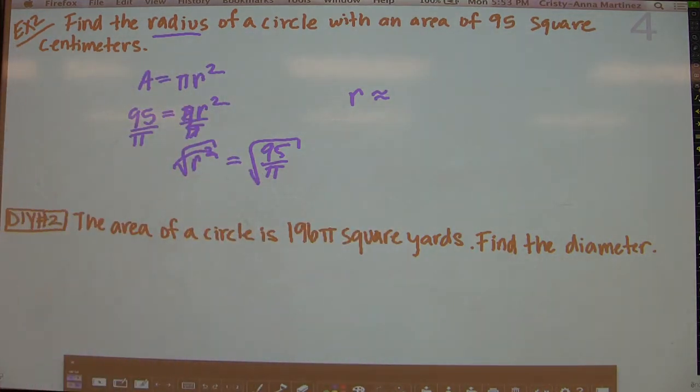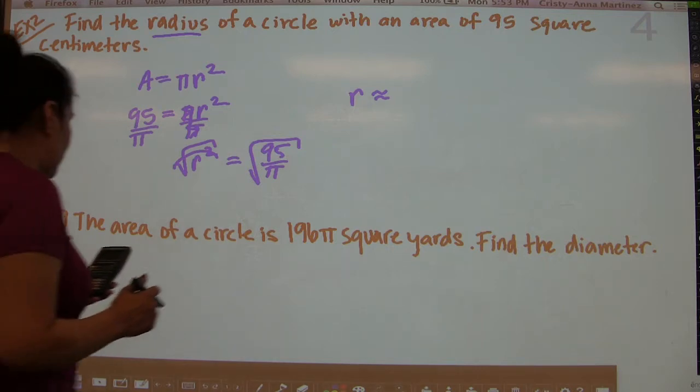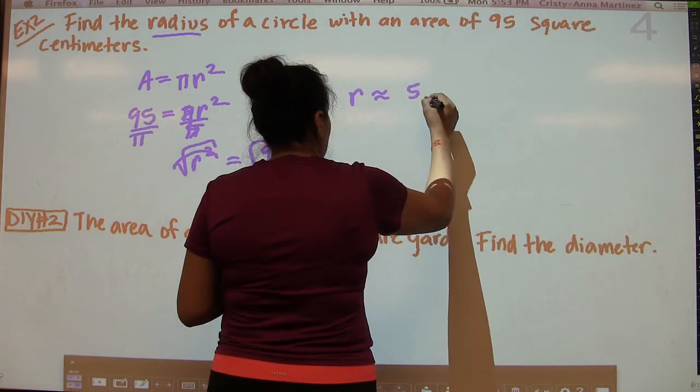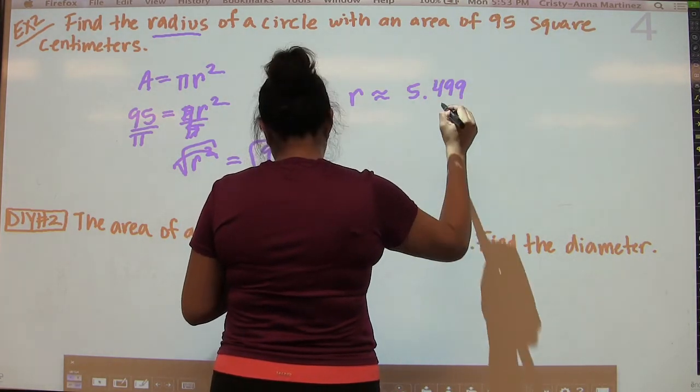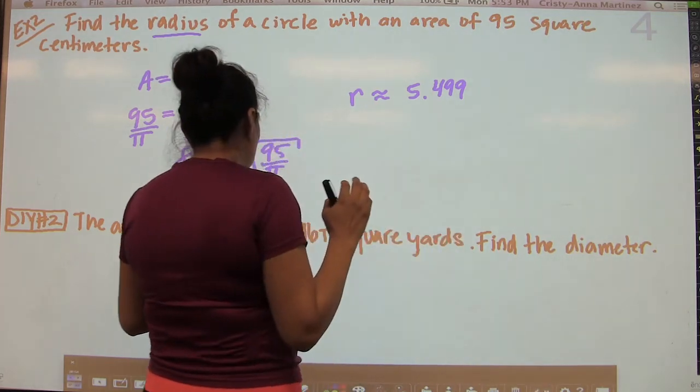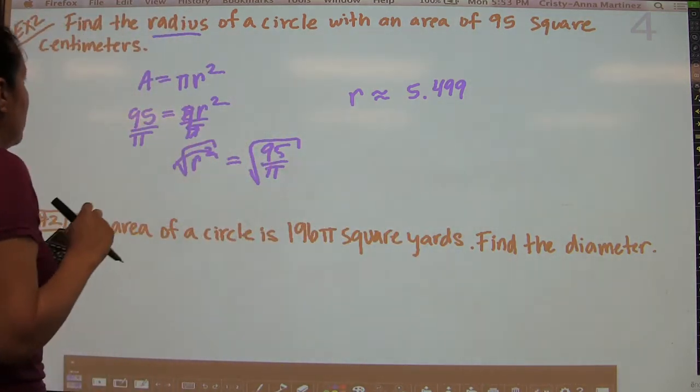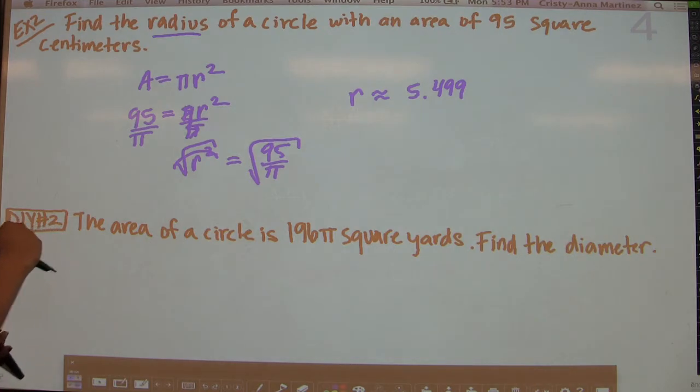On your calculator, you want to use the square root button, then put 95 divided by the pi button, and then close your parentheses. It's very important that you do that. Then you're going to get 5.4999, it's 0.49903 and on and on. It says find the radius of a circle with an area of 95 square centimeters.